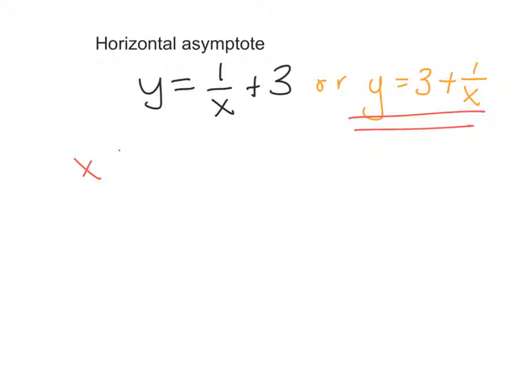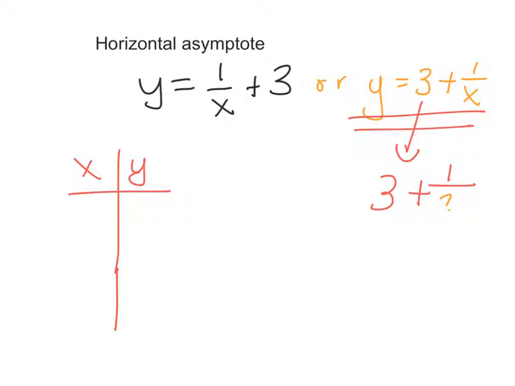When we choose the value of x, the way that y will be calculated is we're going to take the number 3 and we're going to add some fraction to it based on whatever that x is going to be. We obviously can't use x equals 0 because that would make our denominator undefined, and that would be where our vertical asymptote is.